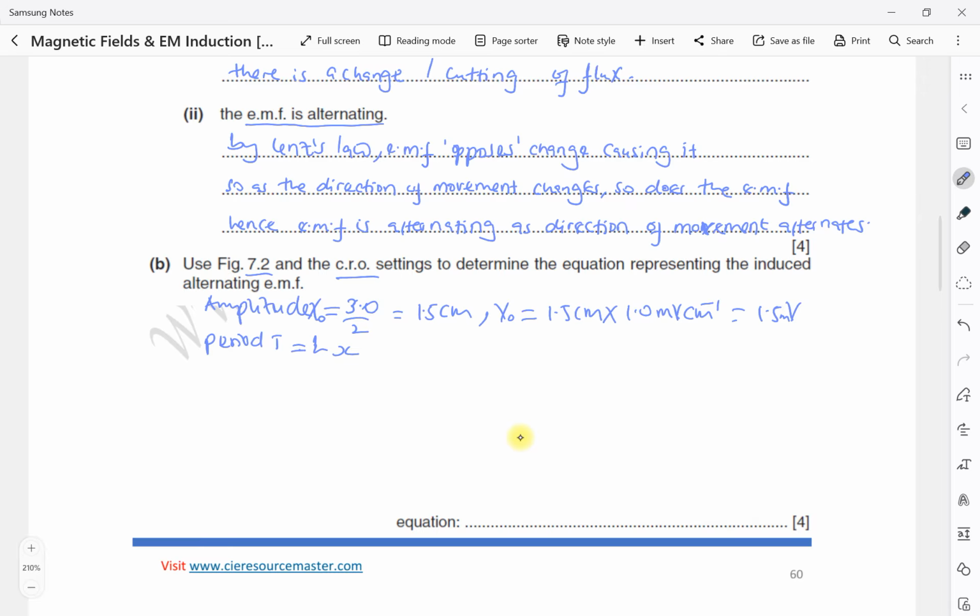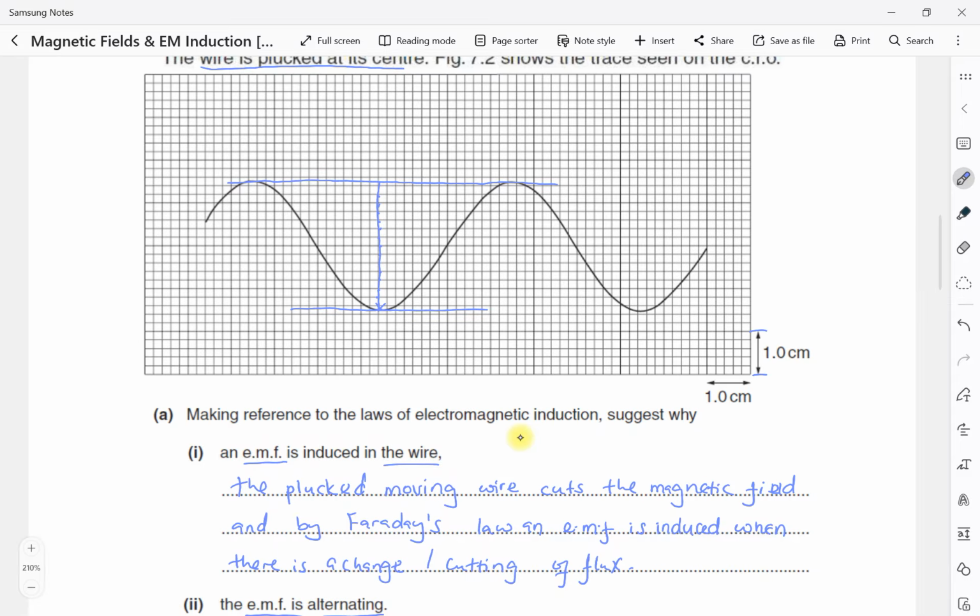Then for the period, the length representing one cycle, let me start from here, between this point here and this point here. 1, 2, 3, 4, 5, 1 centimeter; 2 centimeters; 3; 4; 5; and 6 centimeters.